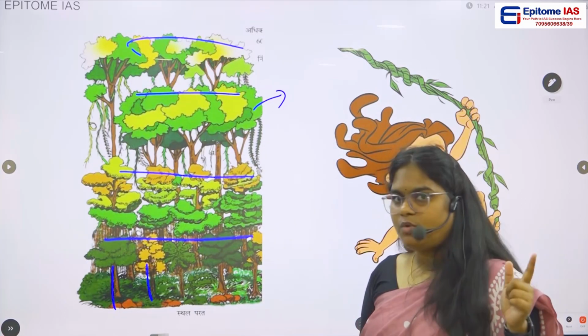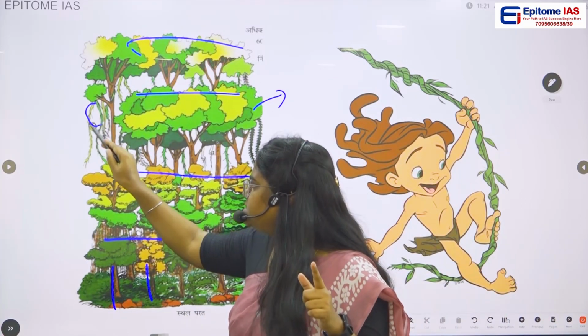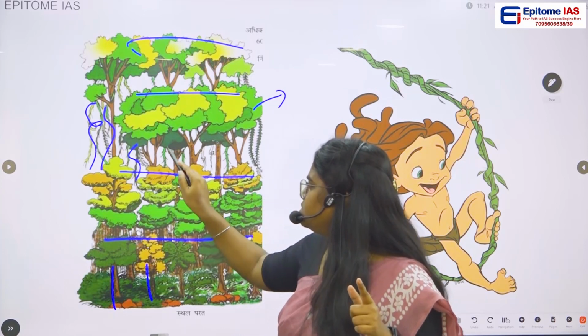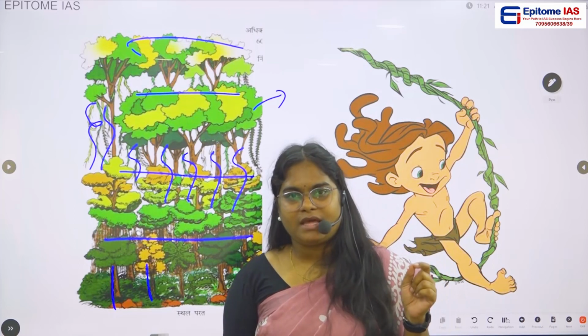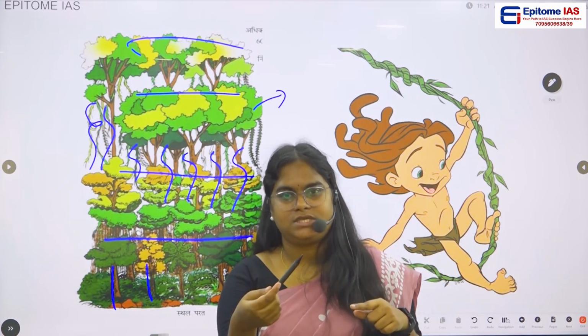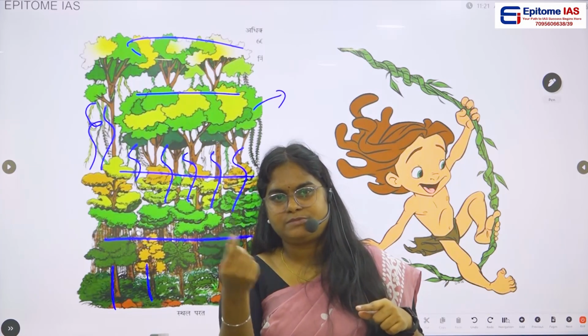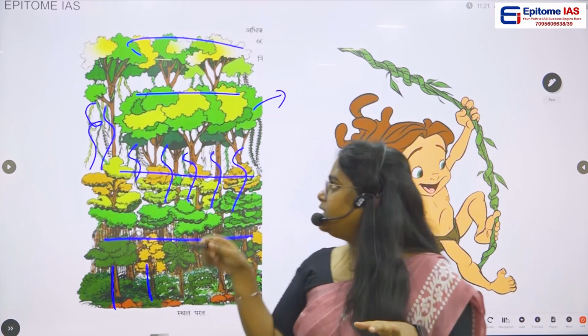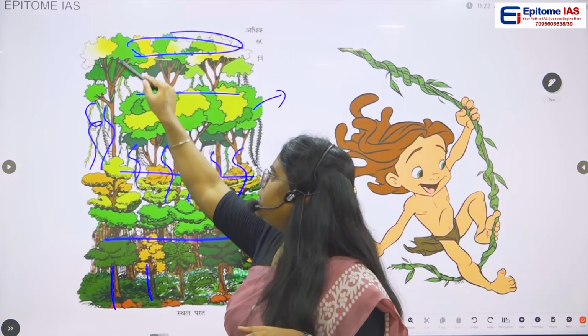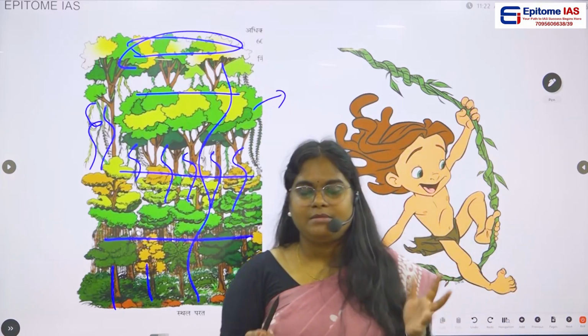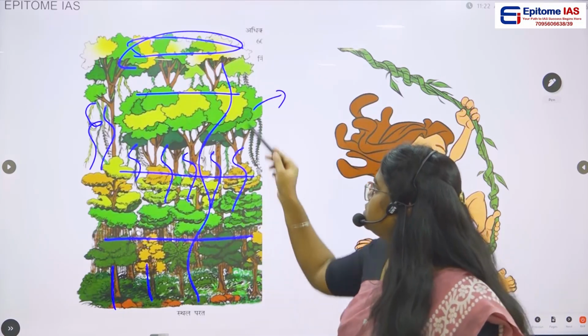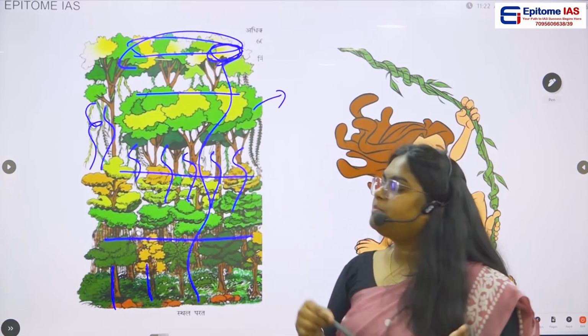And apart from that, these are epiphytes. These type of plants grow around the trees, spiraling around them until they reach the top canopy. Also from the ground they crawl, and these are climbers, they are also called climbers. They crawl and climb up to the top canopy.